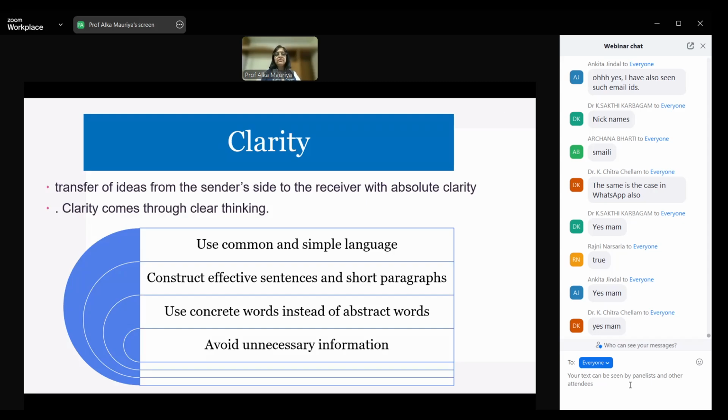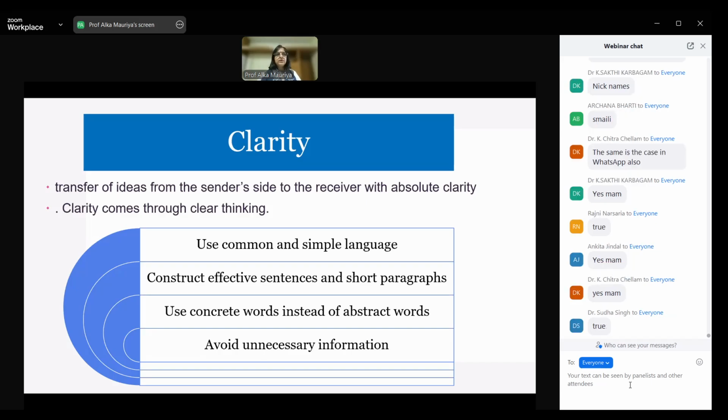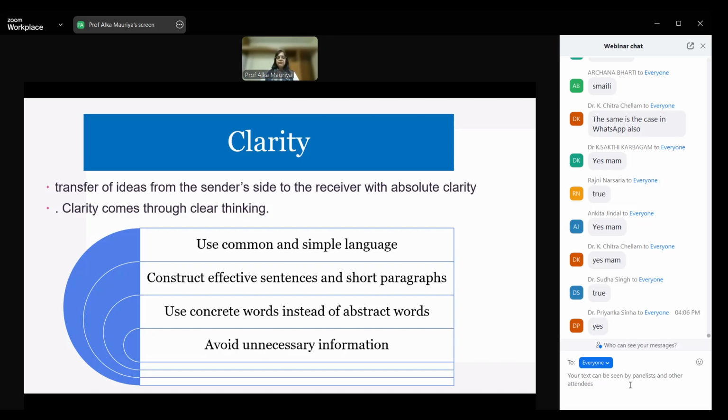We should try to be as simple as possible, and the focus should be on having clarity of our thoughts. It should not happen that we put very difficult sentences in our presentation just to make our students realize that we know a lot, but when we have to explain that concept in the class, we are not able to do it properly.